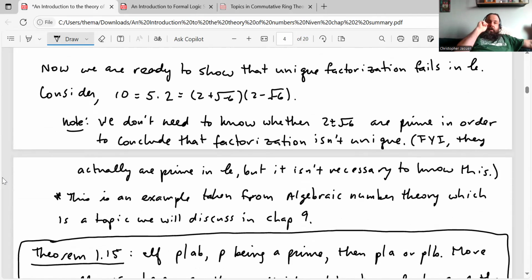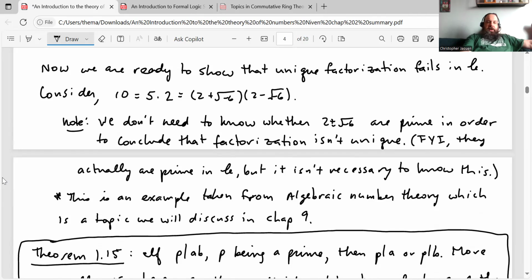We know that 5 and 2 are prime, but we don't even need to know whether 2 plus or minus radical negative 6 are prime in G in order to conclude that the factorization isn't unique. Just for your information, they are prime in G, but we don't have to know that. So that shows that the fundamental theorem of arithmetic doesn't hold in this class G.